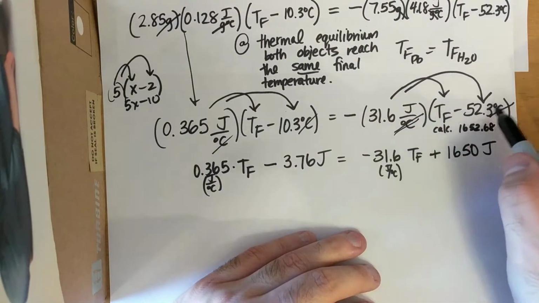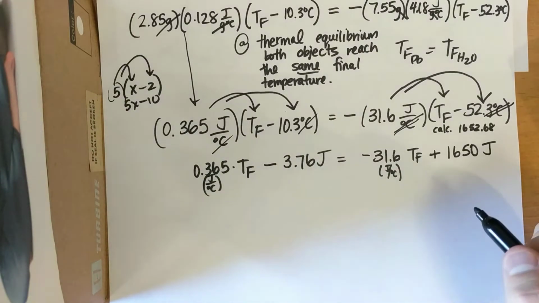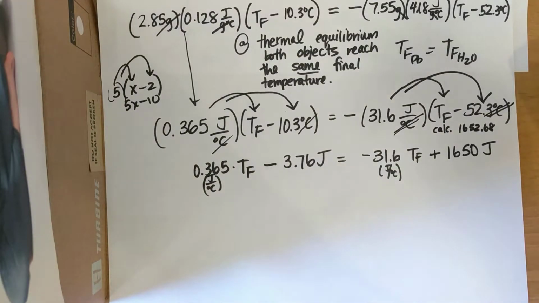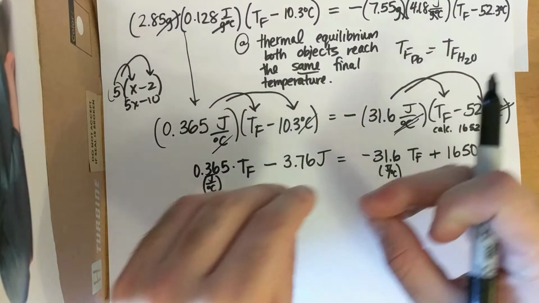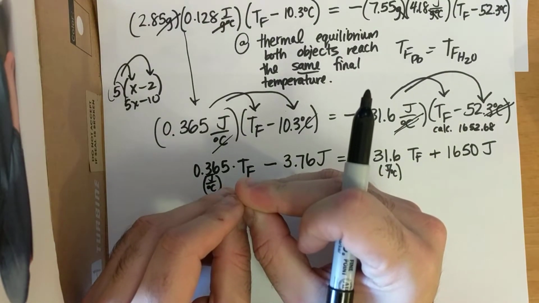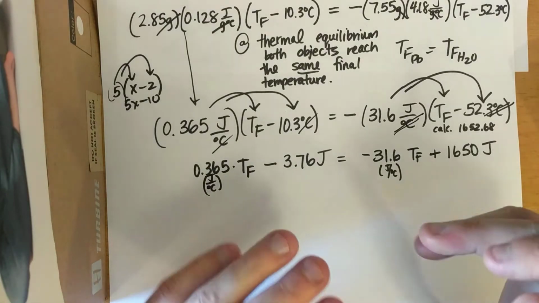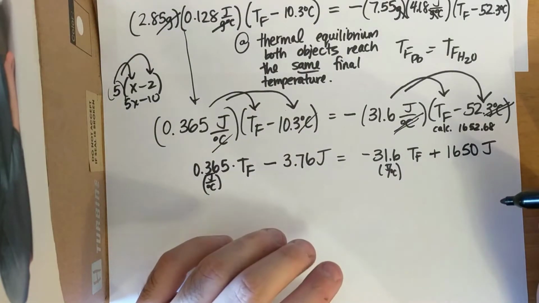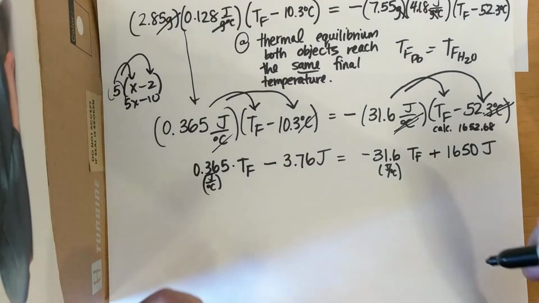Right? Degree Celsius cancels out with degree Celsius, and now I'm left with this as far as units, right? So I know I have a lot going on here, but I want to combine like terms now. So I want to have all the TFs on one side, and I want to have all the joules on another side, right? So that's another reason why I kept units in, so your units could cancel out nicely, and you know what unit you get in the end.